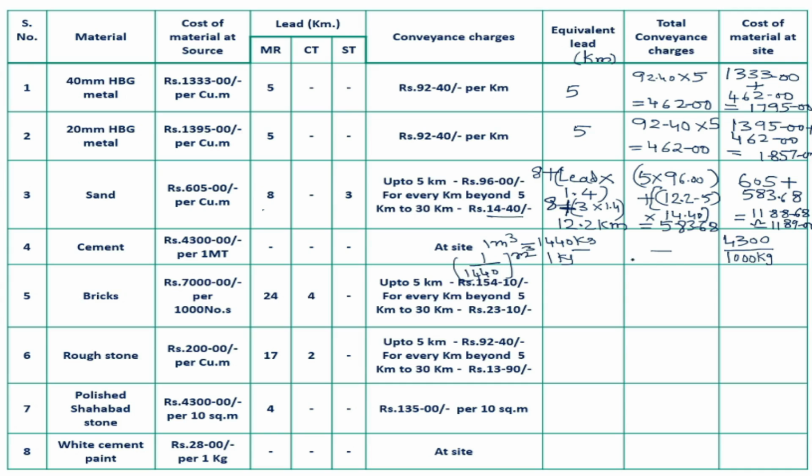So substitute this here. 4,300 rupees divided by 1000 into 1 kg is equal to 1 divided by 1440, which is equal to 6,192 rupees per cubic meter.